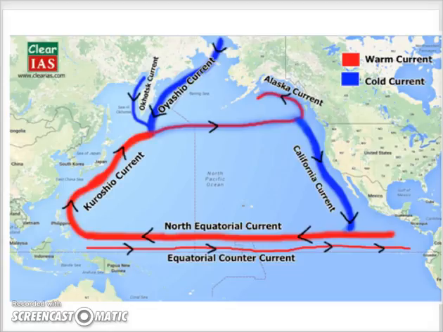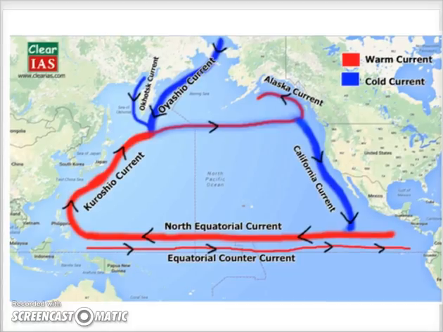Later, a cold current called Oyashio, which flows along the eastern coast of the Kamchatka Peninsula, merges with the Kuroshio Current. Oyashio is a cold current which merges with the Kuroshio Current at their confluence.